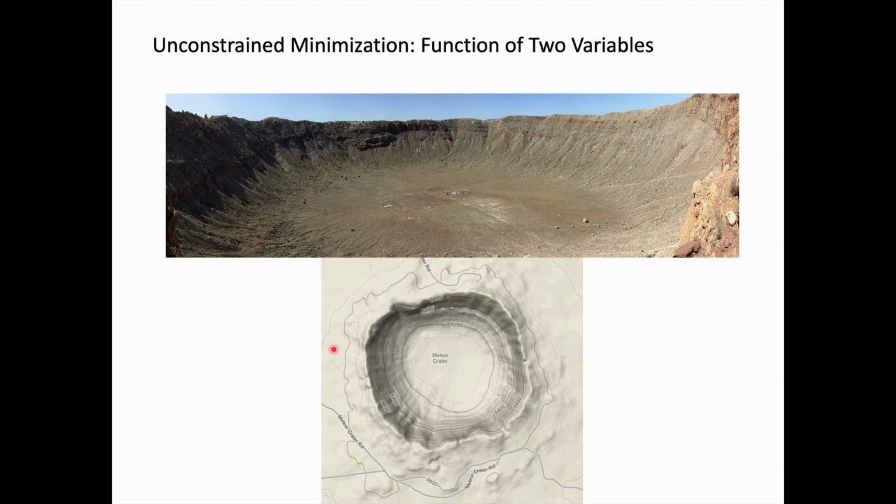If we're thinking about a function of two variables, then it looks like this surface in 3 dimensions. For example, if we are walking around in this area and we have different values for latitude and longitude, then that's going to put us at a different elevation depending on our location. So this is Meteor Crater, Arizona. Here's a topographic map of this.